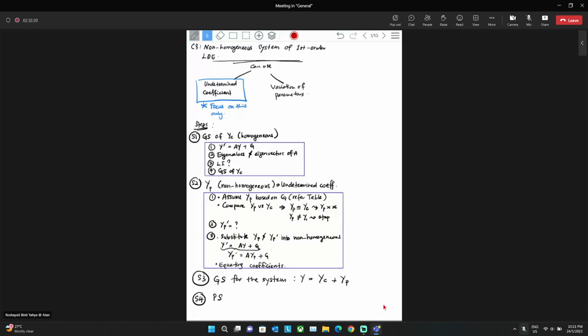So this one is YP, and then step number 3. Now we just finished equating coefficients, so we get the latest YP. We already completed step number 2. Now we go for step number 3. You need to find a general solution for the system.